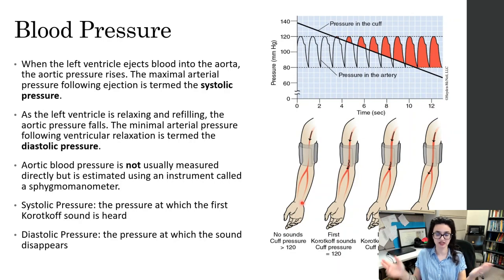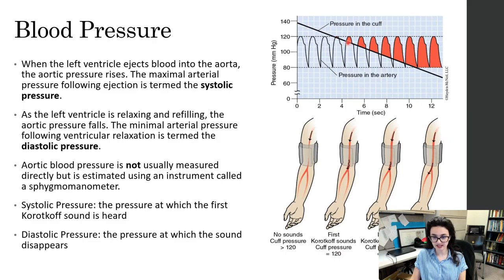So you can't hear anything yet when the cuff is really tight. When the cuff is at such high pressure, above your heart pressure, if your heart pressure is higher than the pressure of the cuff, then by definition, blood can go through the cuff, right? But if the cuff is higher, you're not going to hear anything, okay?